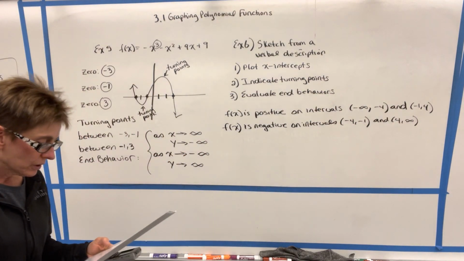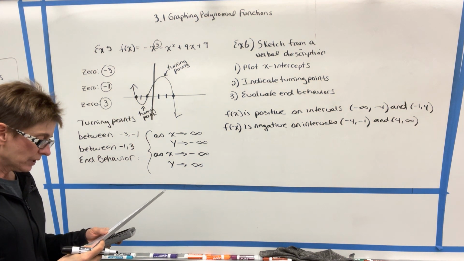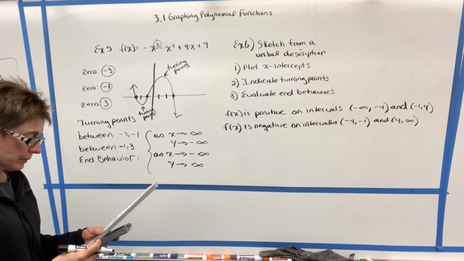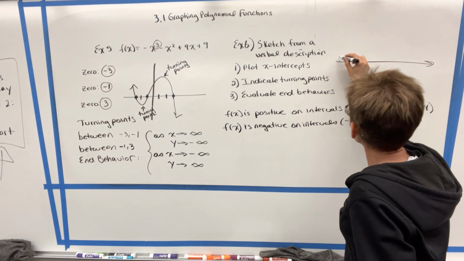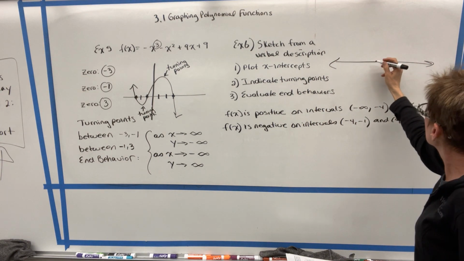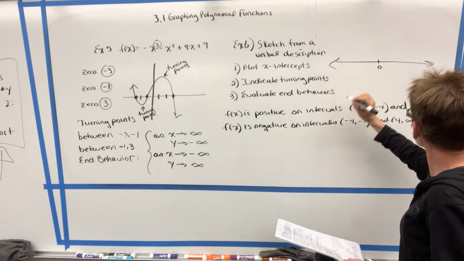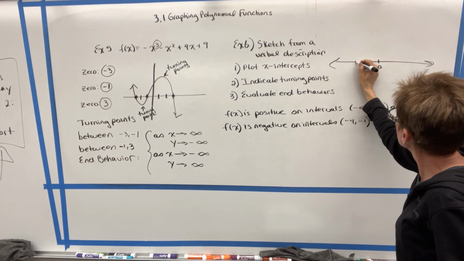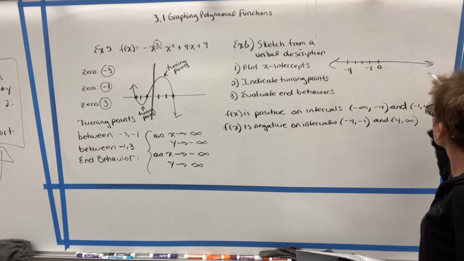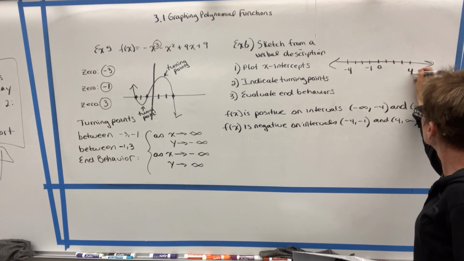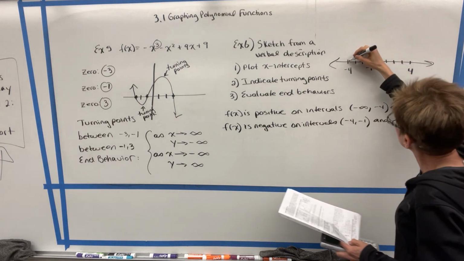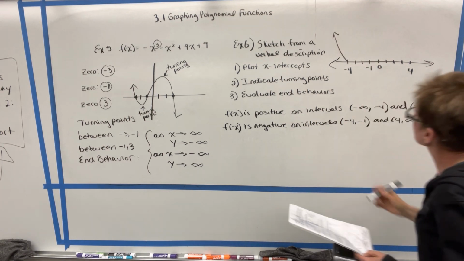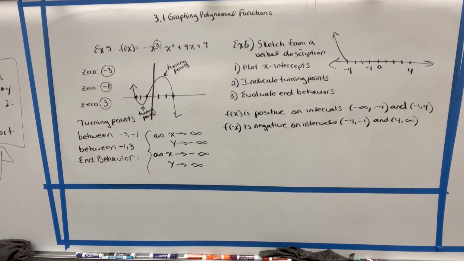So let's think about what that means. We can also talk about when they're increasing or decreasing, but we kind of know from the descriptions that we've been given that something important is happening at, let's put here, 0, at -1, at -4, and at +4. Because we're being told that f of x is positive from negative infinity to -4, that is essentially telling me that the left-hand side there is going up.